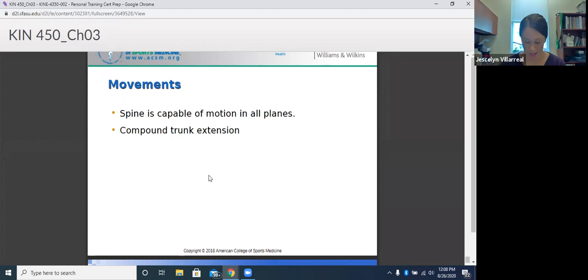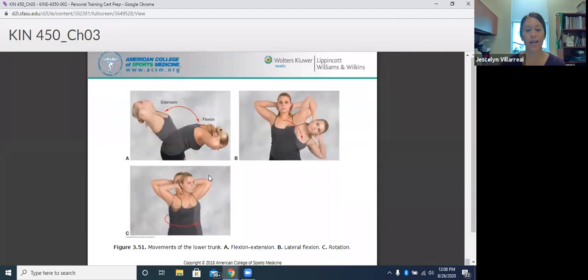Okay, and let's get up and practice some. So standing up, you have flexion and extension. Okay, you also have lateral flexion and extension. Do it on both sides. And then you have rotation.